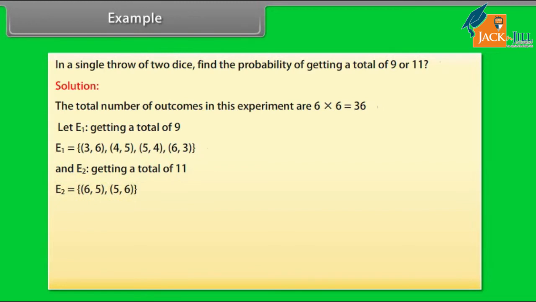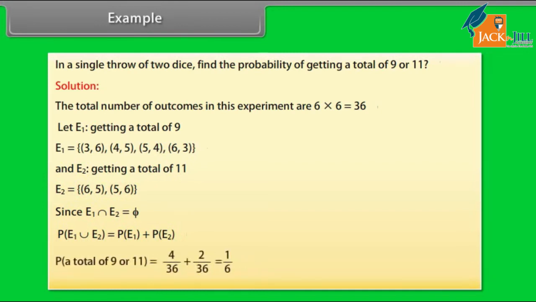E2 is equal to (5,6), (6,5). Since E1 intersection E2 is equal to phi, P(E1 union E2) is equal to P(E1) plus P(E2). P(a total of 9 or 11) is equal to 4 by 36 plus 2 by 36 is equal to 1 by 6.